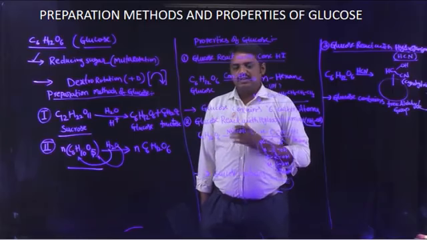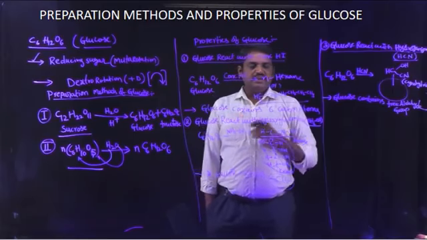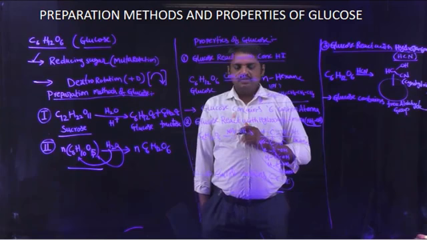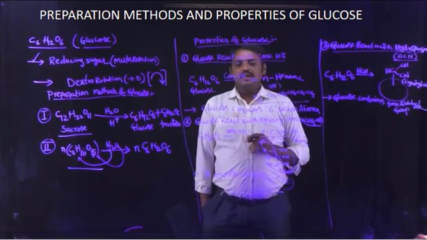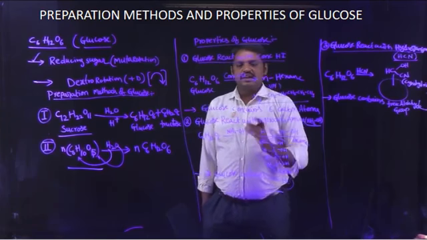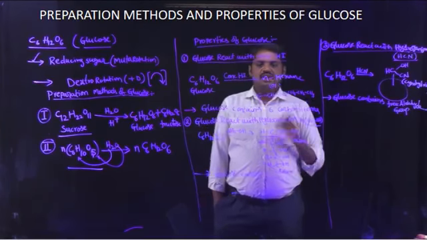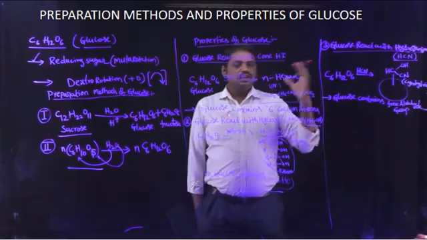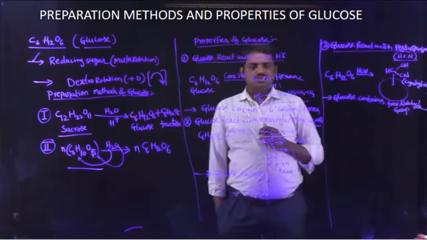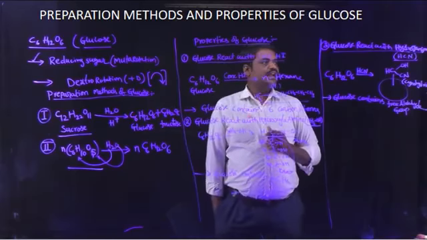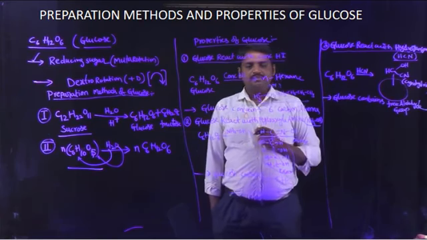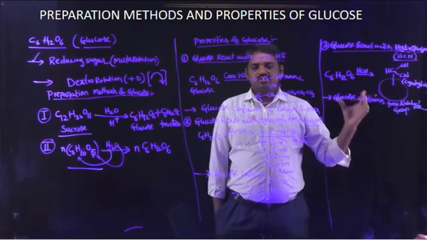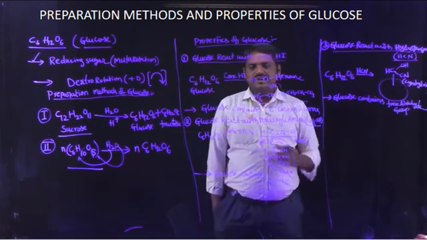Second, glucose reacts with hydroxylamine to produce oxime, based on one aldehyde group. Third, glucose reacts with hydrogen cyanide and is converted to cyanohydrin, based on one free aldehyde group.